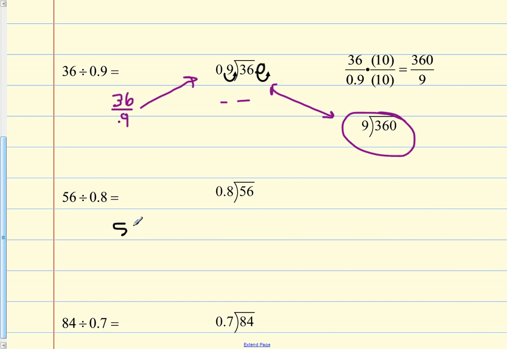Let's take that same idea down here with our 56 divided by 8 tenths. If I rewrite it as 56 divided by 8 tenths, the next step I can do is simply build to higher terms right here in the division problem. I'm not going to call it 8 tenths anymore. I'm going to call it 8. How did I do that? I multiplied it, or built it to higher terms, by 10. Well, I can do the same thing with my number 56.